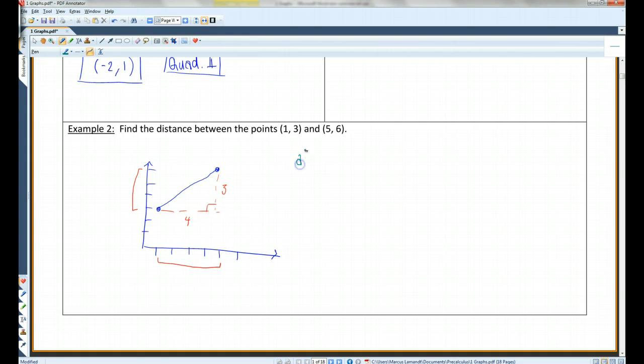Just use the Pythagorean Theorem. 3 squared is 9, 4 squared is 16, and the square root of 25 is, of course, 5. So the distance between them is 5. Okay?